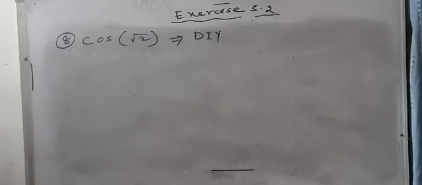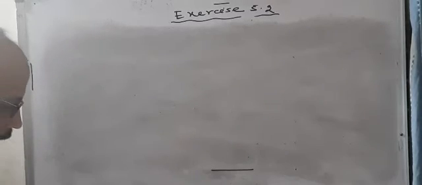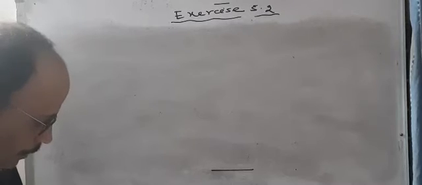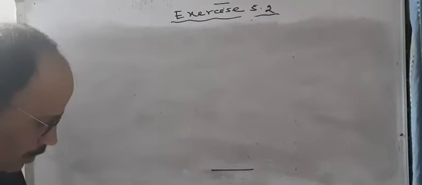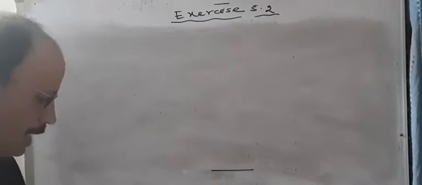Question number 8. Now let's proceed for the last two questions which we have to prove. So what we have to prove? Prove that the function f given by f(x) equal to modulus x minus 1, x belongs to R, is not differentiable at x equal to 1.